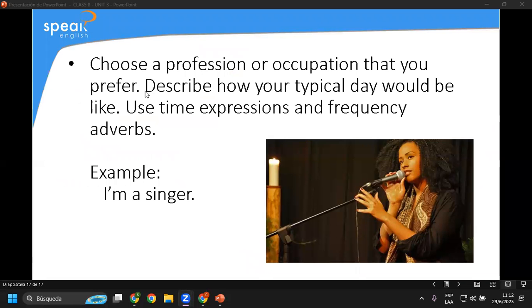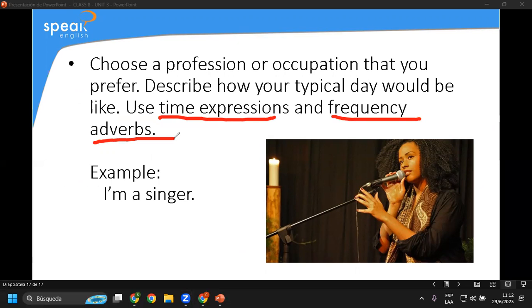In this moment, I want you guys to choose a profession or an occupation, the ones that you prefer, okay? And I want you to imagine that you are going to describe your typical day. I want you to use expressions, of course, and try to include the frequency adverbs.